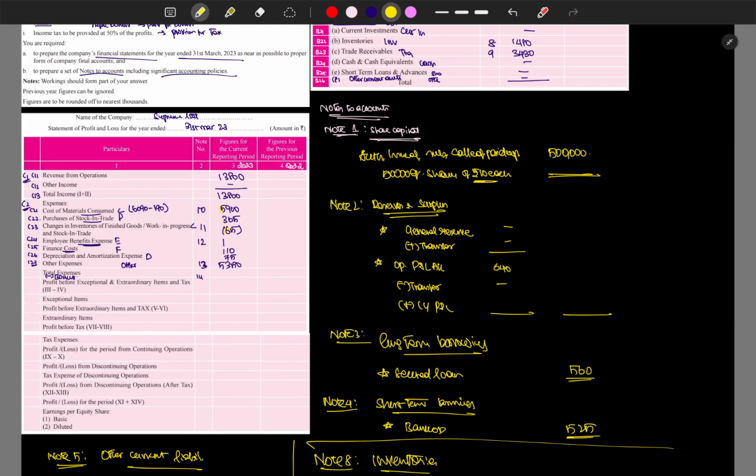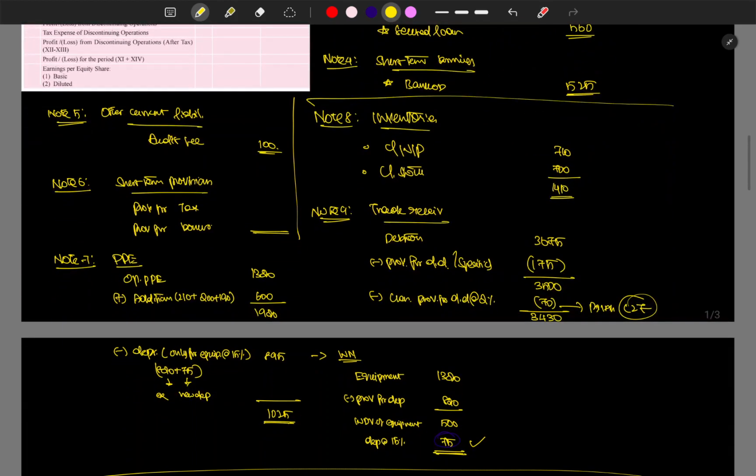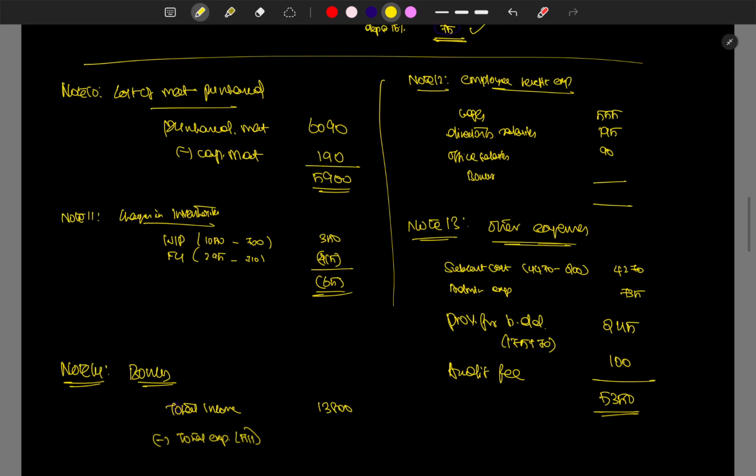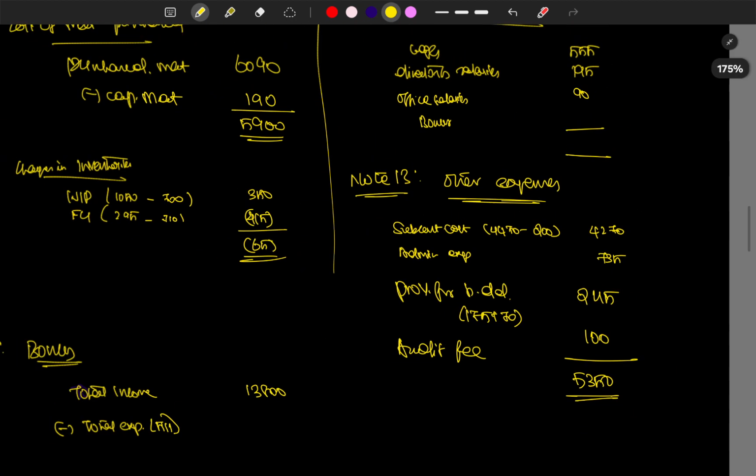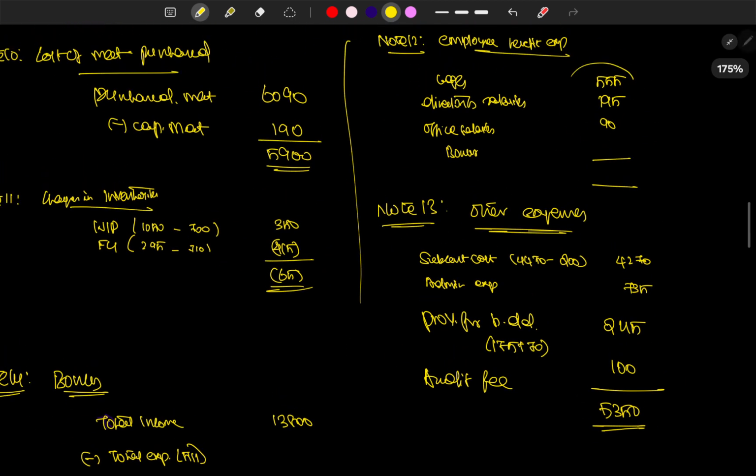5,900 plus 365 minus 65 plus 110 plus 75 plus 5350, plus you are left with some other employee benefit expenses, right? See, these three figures should be added, which is 555 plus 195 plus 90.